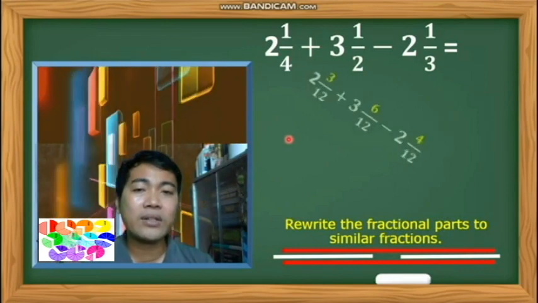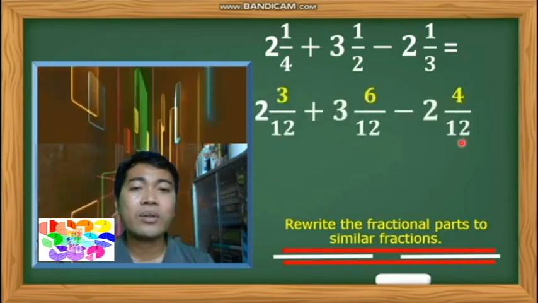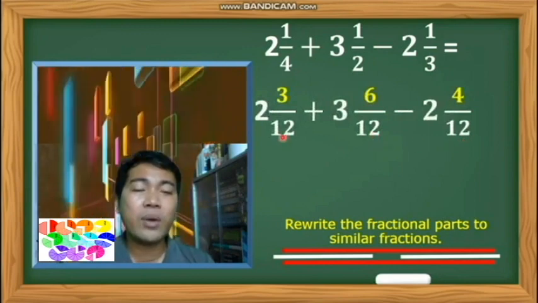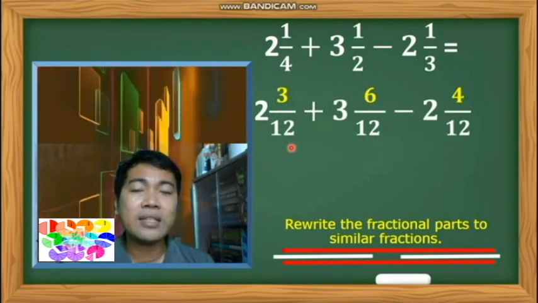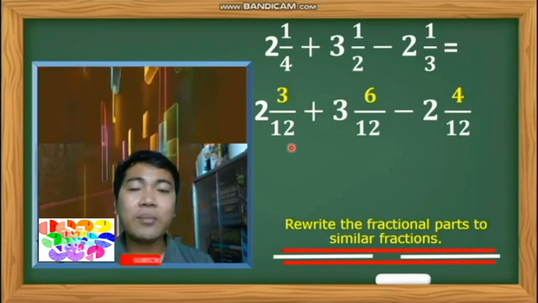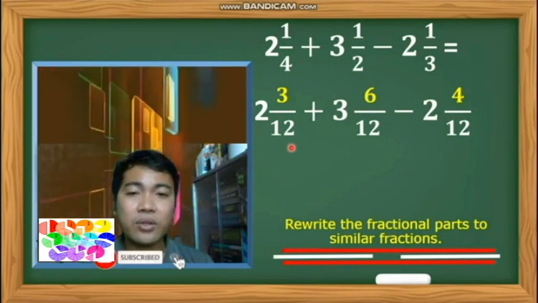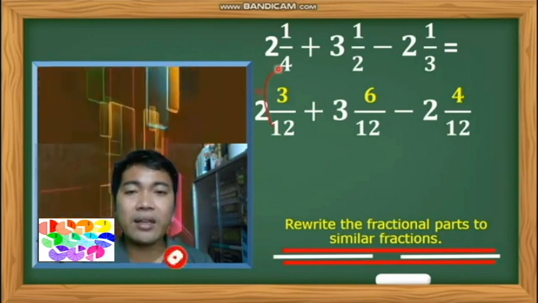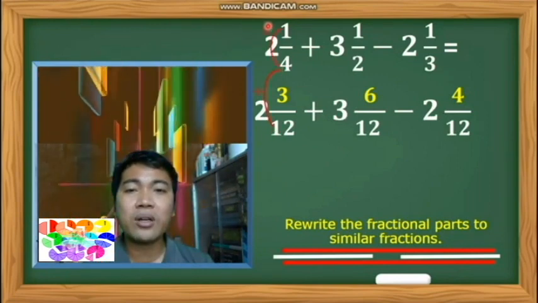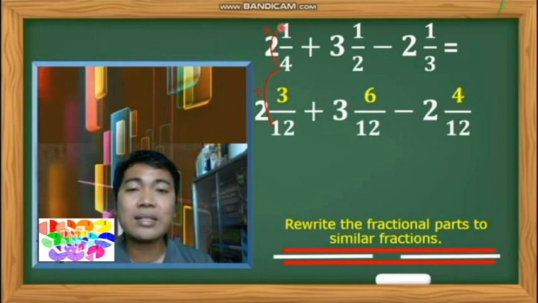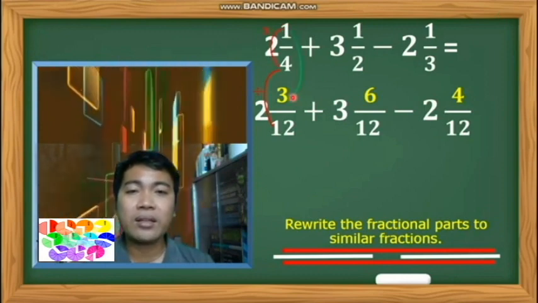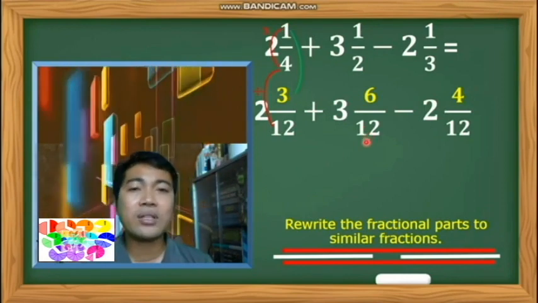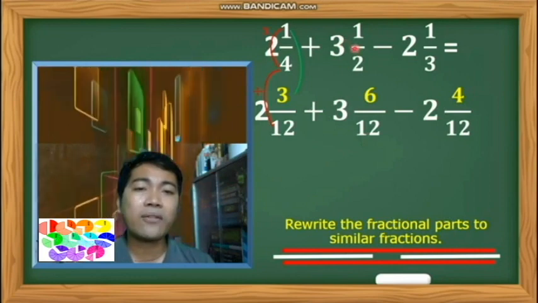First, we have to divide 12 by the denominator of the first fraction. 12 divided by 4 is 3. And then, times the numerator, which is 1. 3 times 1 is 3. Next, second fraction is 3 and 1/2.